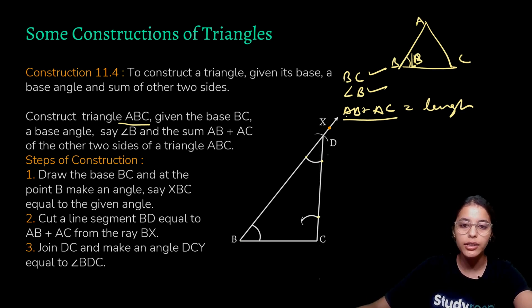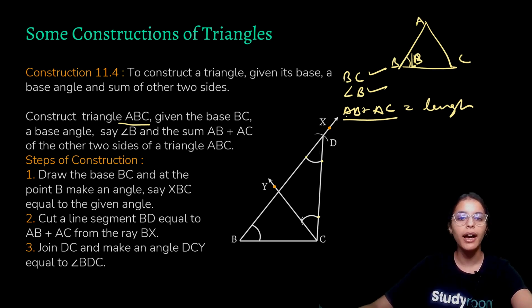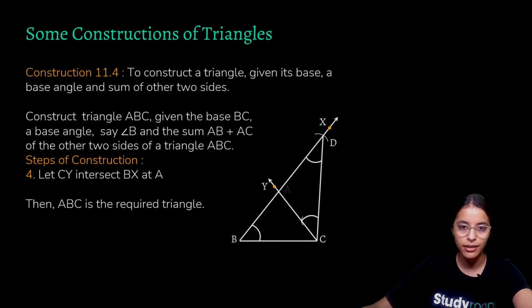The point where these two arcs intersect would give us the angle equal to BDC. Now join the line through C and just extend it and mark the point Y on this ray. Now the place where BX and CY intersect would be A.